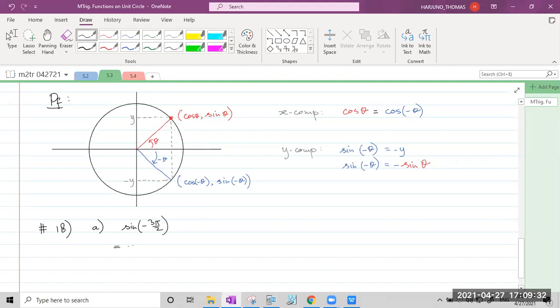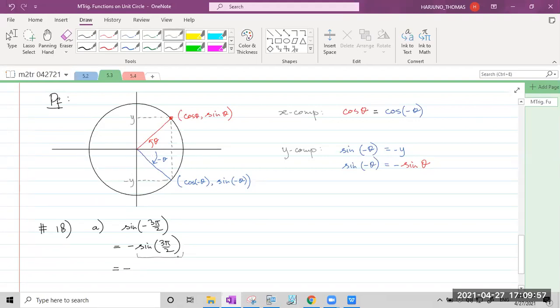That equals negative of sine 3 pi over 2. Okay, now that is equal to negative what, if we don't use a calculator for this? Now, what is sine 3 pi over 2?